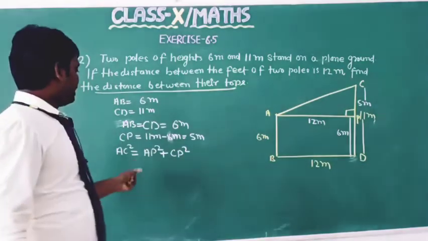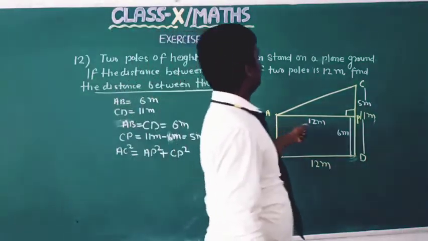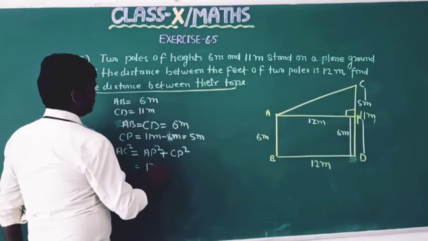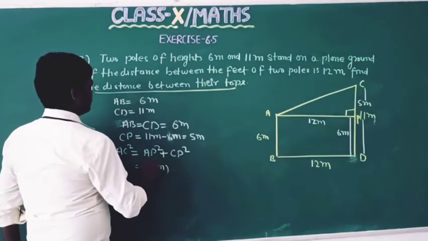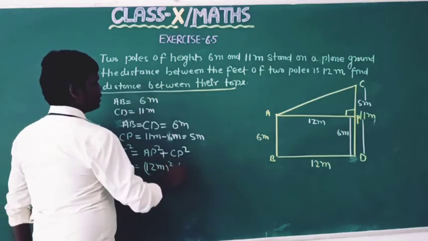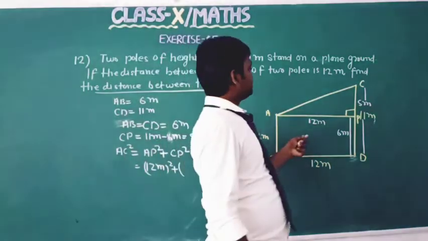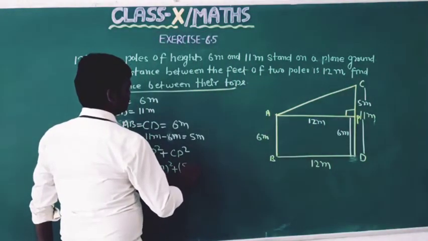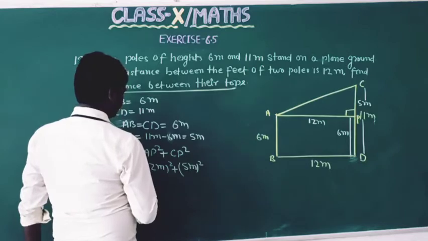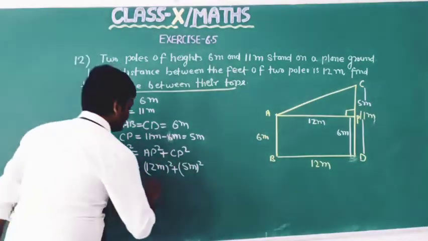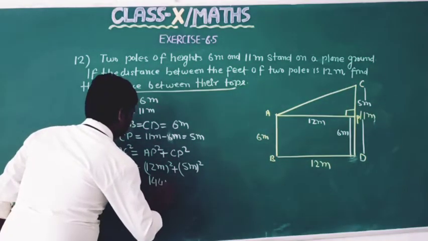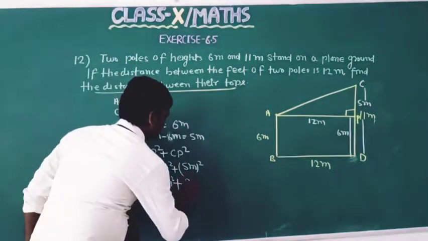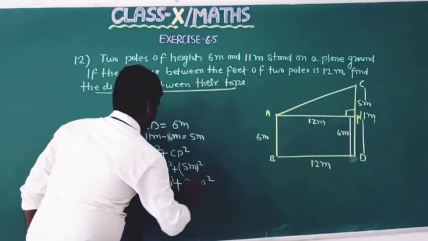AP is given, 12 meter square, plus CP, CP equals 5 meter square. The square of 12 is 144 meter square plus the square of 5, this is 25 meter square.